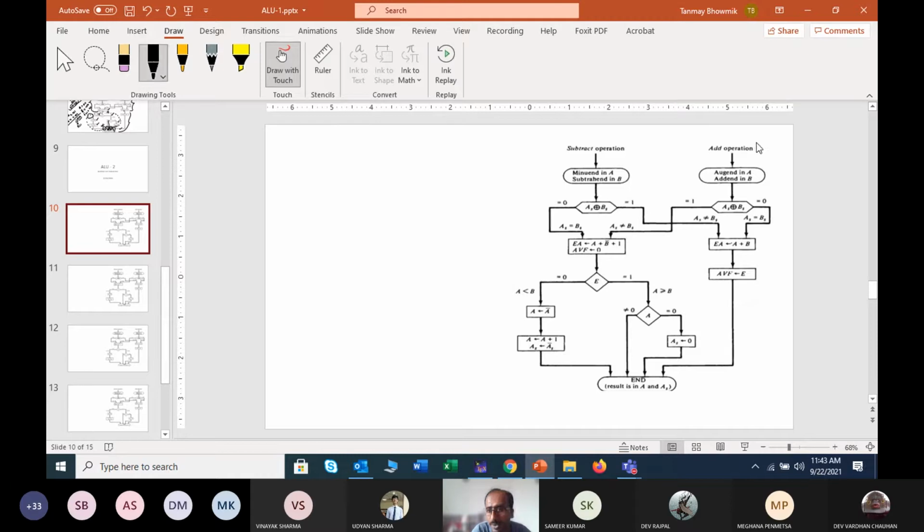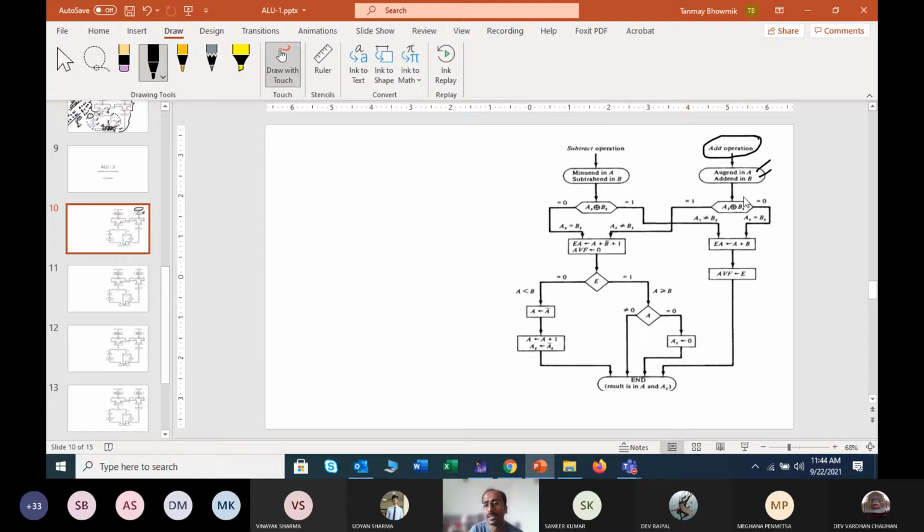So let us first start with this add operation. If you consider this add operation, you have two numbers, A and B, augend and addend, as we have seen on the last day. Now what may be the combinations of the numbers?